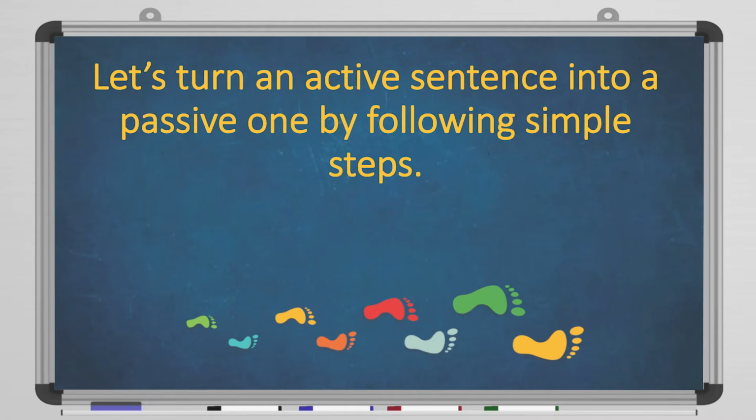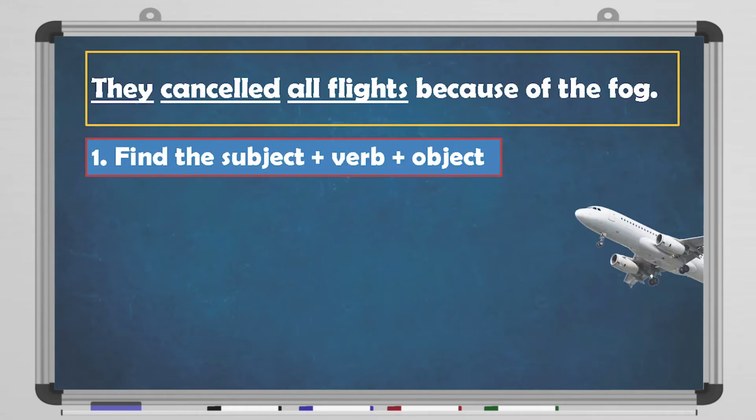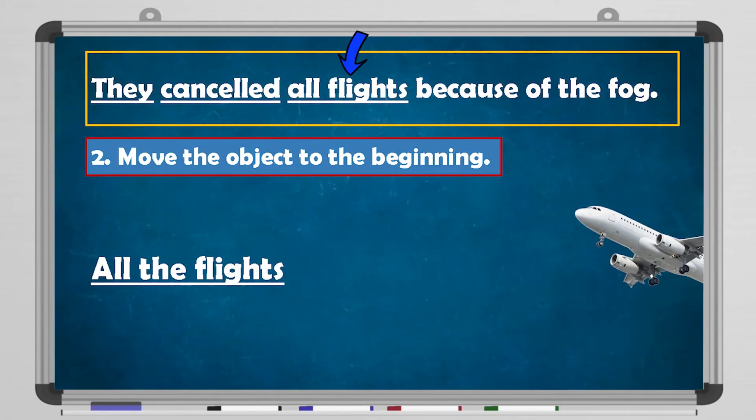Now, step by step, we are going to change this sentence from an active sentence into a passive one. First, you have to find the subject, verb, and object, and then move the object to the beginning of the sentence. So, instead of having all flights at the end or in the middle, just drag it to the beginning.